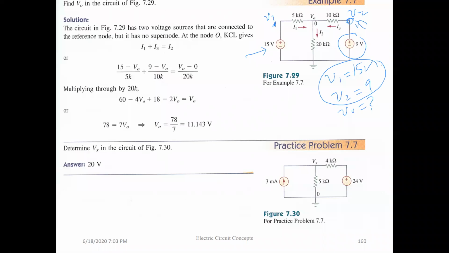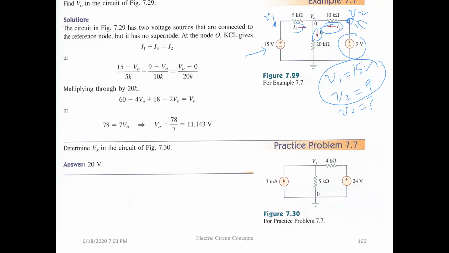So if these currents are not given, then we need to assume them. In this case, assume I3 is going from V2 to V0.